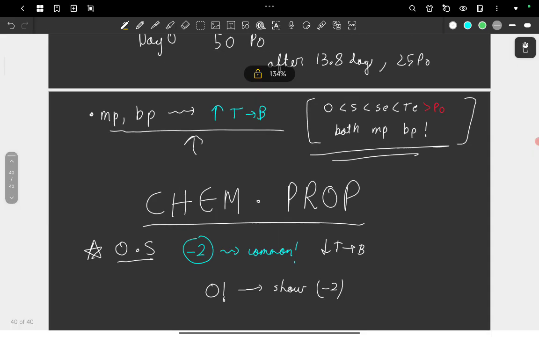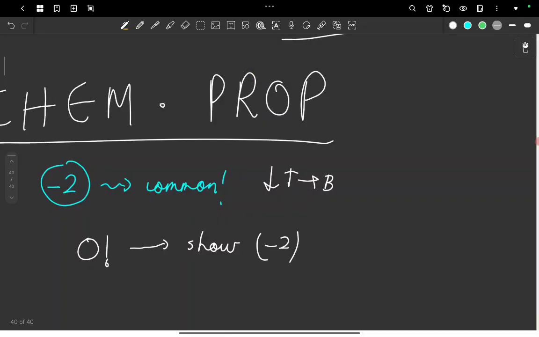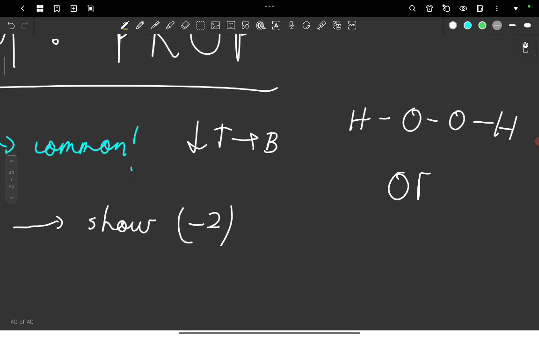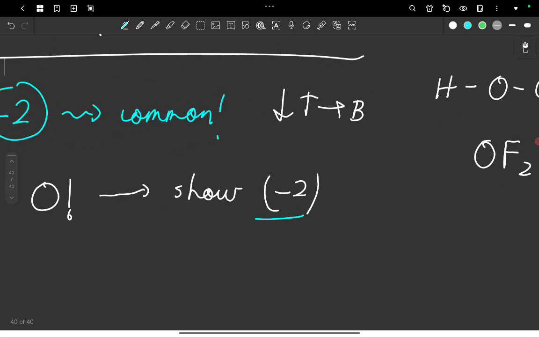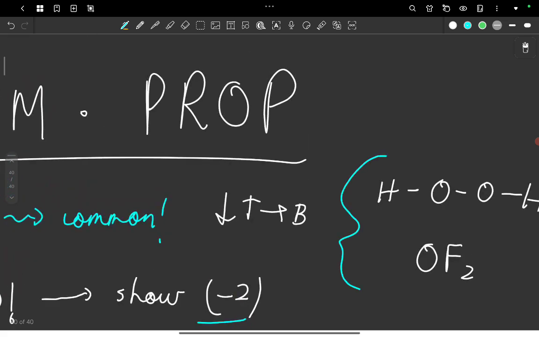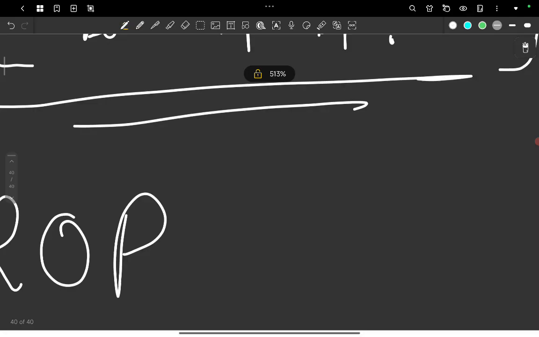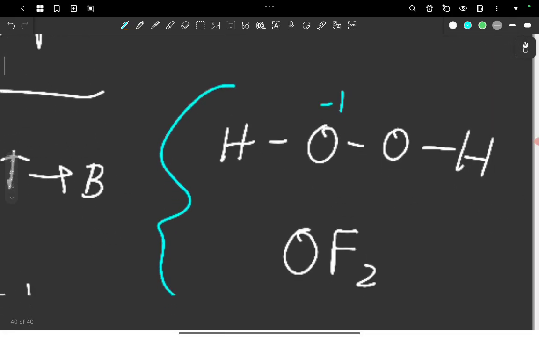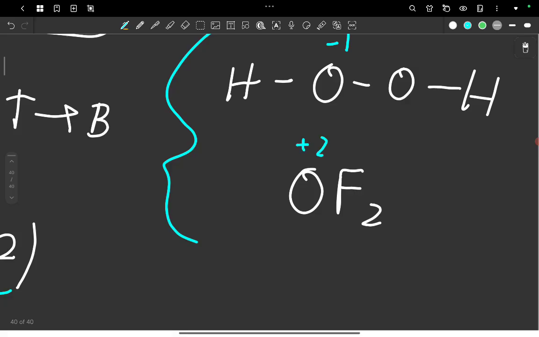You must have studied this in redox reactions: unless there is a peroxy linkage like H2O2 or there is OF2, oxygen will always show negative 2 oxidation state. In H2O2 the oxidation state of oxygen is negative 1, and in OF2 it is positive 2.